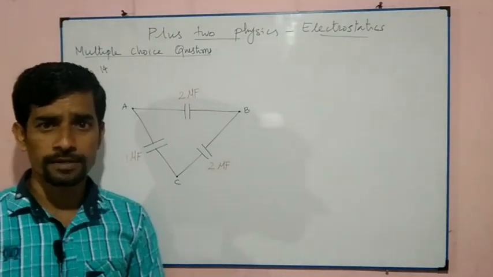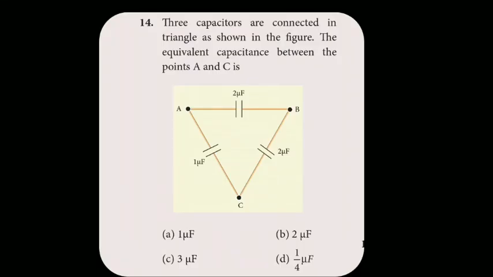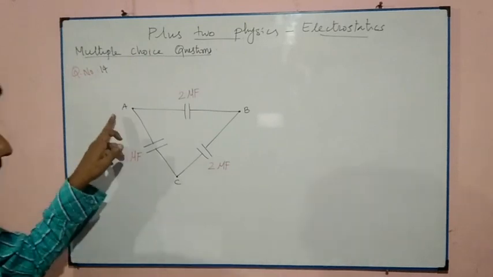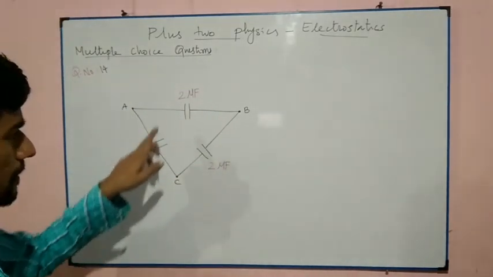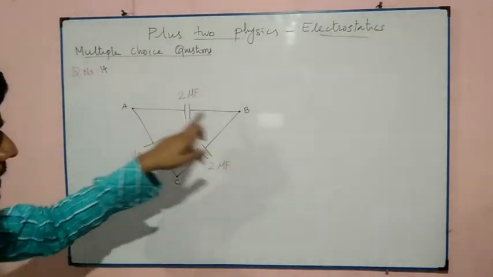Now question number 14: three capacitors are connected in a triangle as shown in the figure. Find the equivalent capacitance between the points A and C. See, a triangle is given. Three capacitors are connected in a triangle.